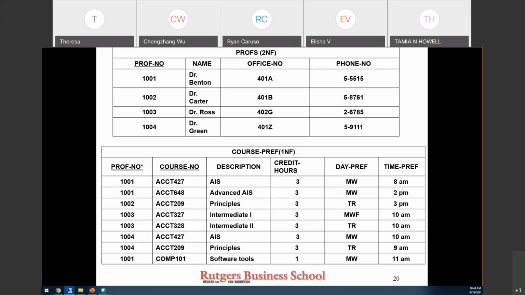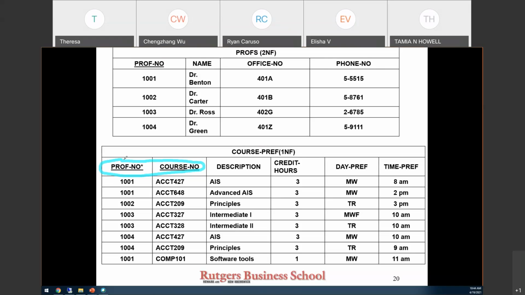The primary key, as I said, in this case is a composite key, comprising both professor number and course number taken together.